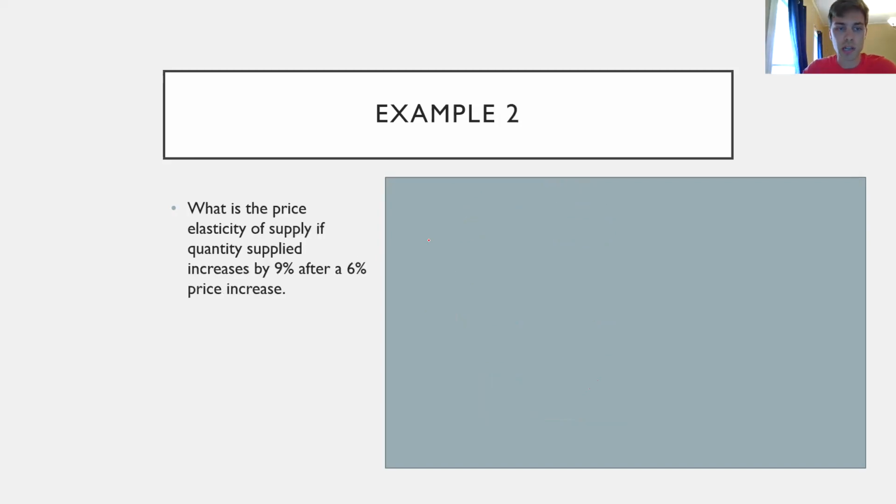Okay, so here's another example. What is the price elasticity of supply if quantity supplied increases by 9% after a 6% price increase? Again, elasticity of supply is just the percent change in quantity supplied, QS, divided by the percentage change in price. We take the two pieces of information from the question, plug them into our formula, and solve.